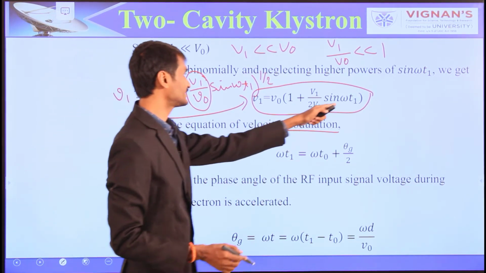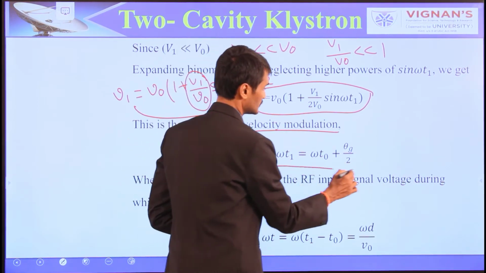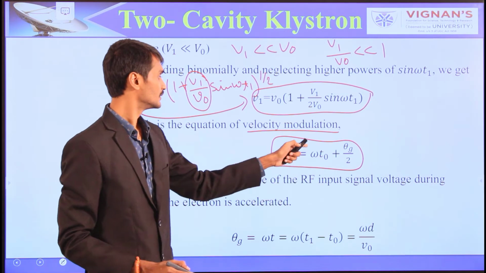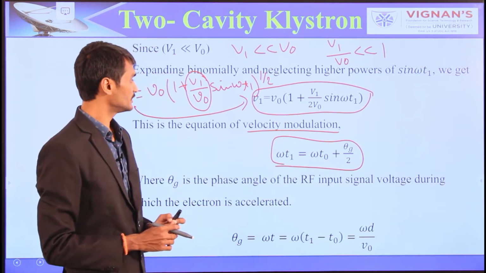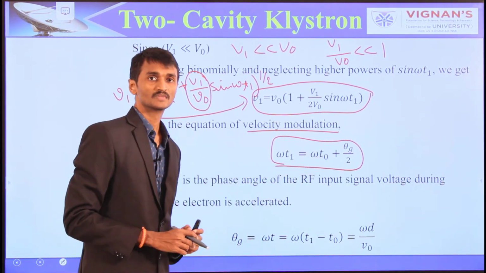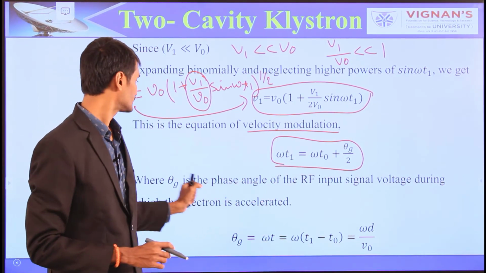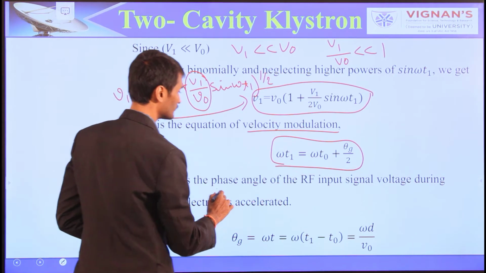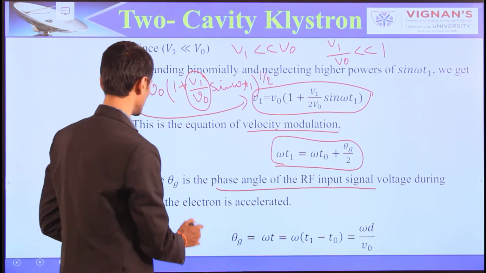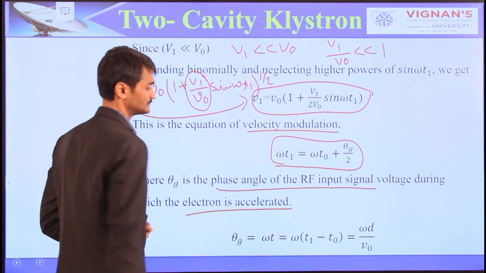Here omega t1 is nothing but omega t0 plus theta g by 2, where theta g is the phase angle of the RF input signal voltage during which the electron is accelerated.